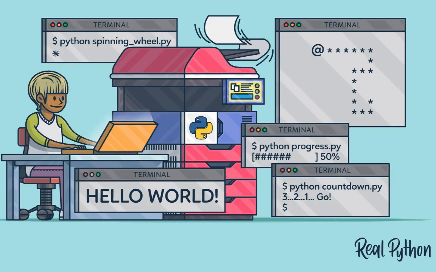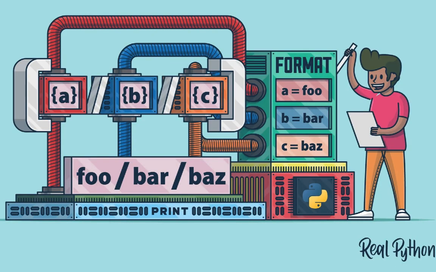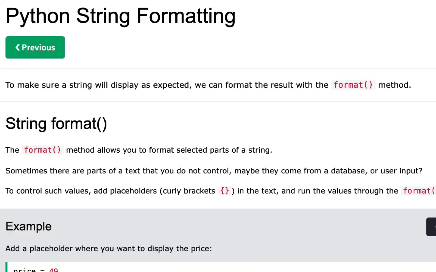So, Python string formatting. To make sure a string will display as expected, we use format. We can format the result with the format method. String format. The format method allows you to format selected parts of the string. Sometimes there are parts of a text that you cannot control.